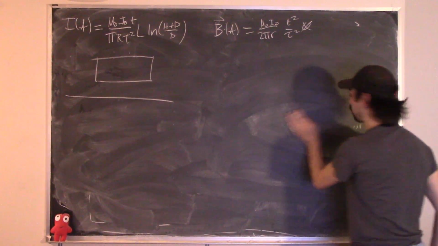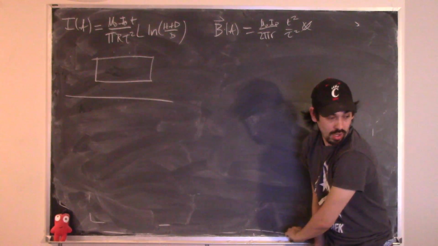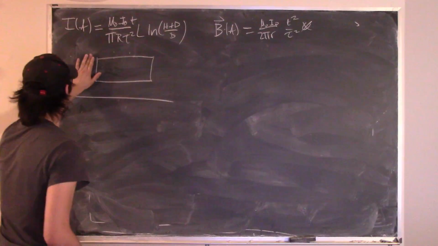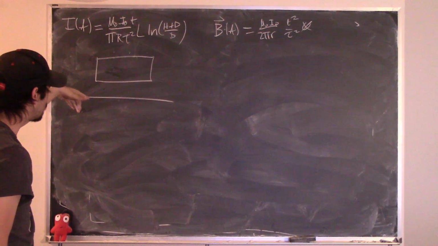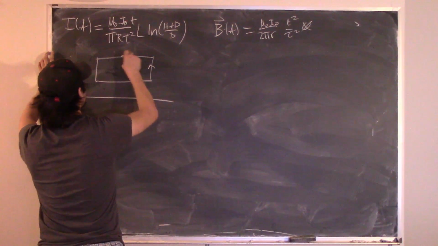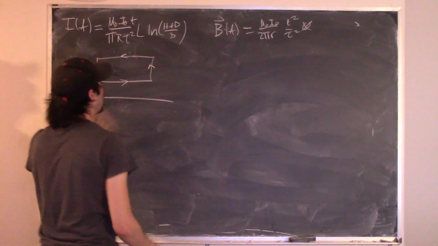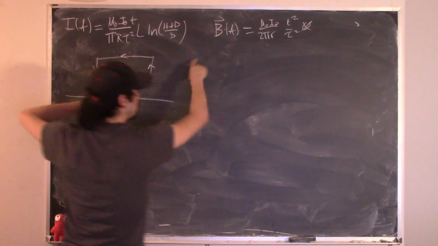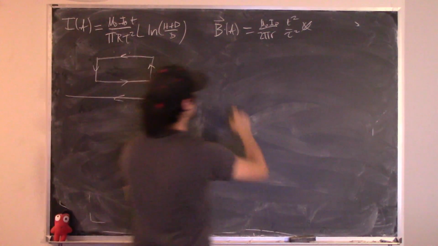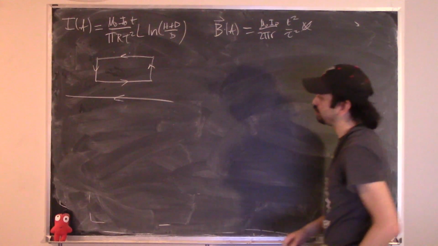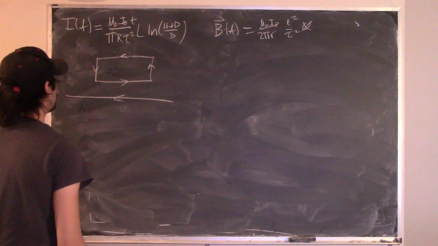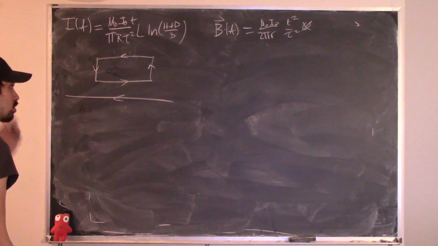I'm just moving things around so that I can do the third part of this problem. What the third part asks, and I'm only actually going to do 2 parts of this, is: given that this is the current flowing around this loop, and the magnetic field produced by the lower long wire is of this form, find the force that acts on each element of this loop.